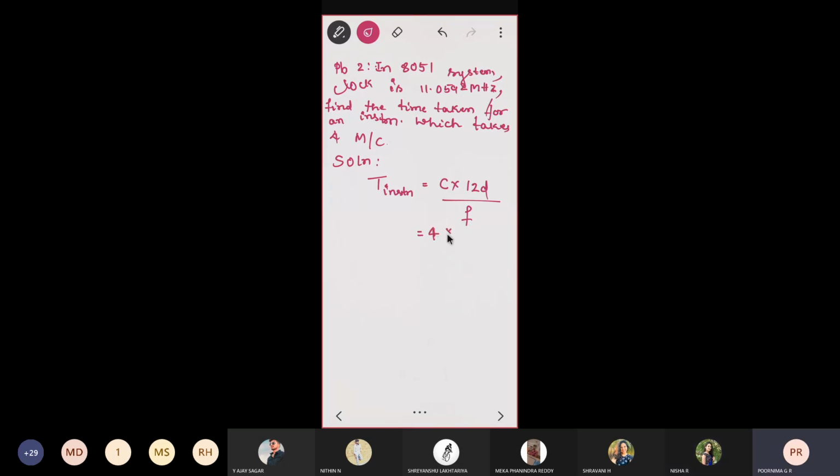Multiply this with 12D divided by the frequency, 11.0592 megahertz. If you calculate the total time period required for this instruction to execute, you will get 4.34 microseconds. Is it clear?